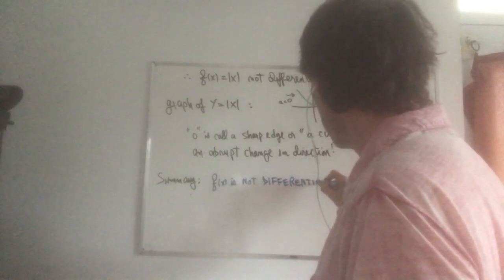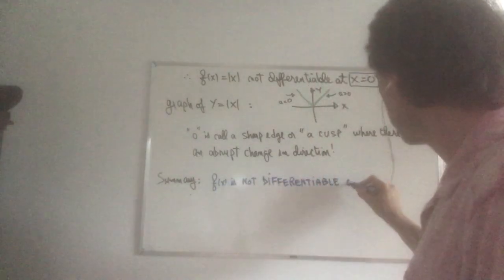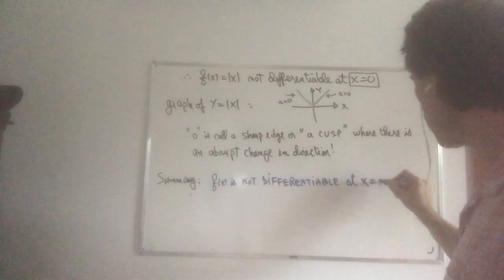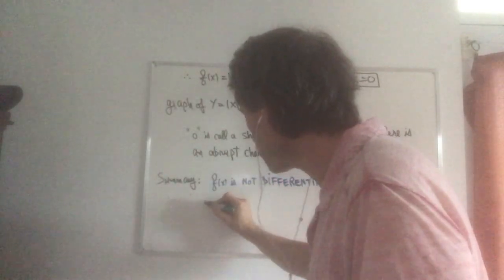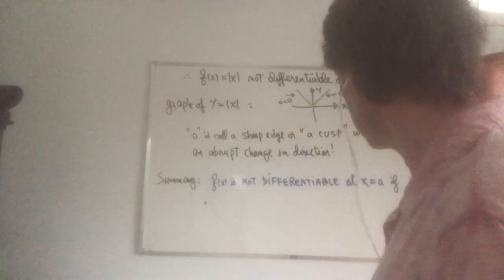Not differentiable at x equals a if one of the things that can actually happen is the first example we saw today, the graph of 1 over x, it had an asymptote.